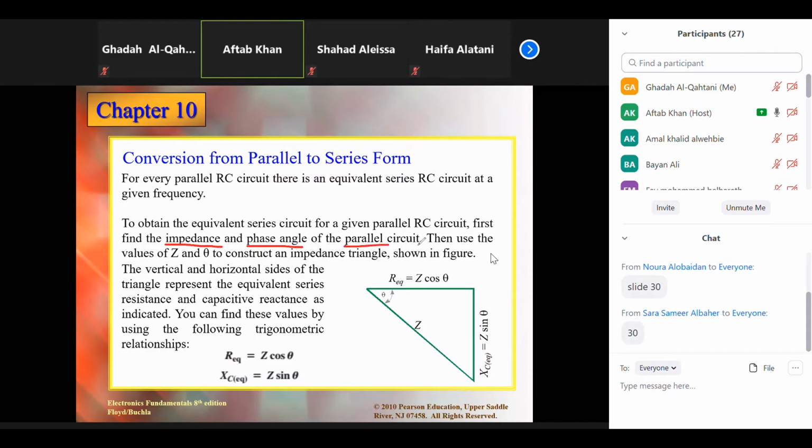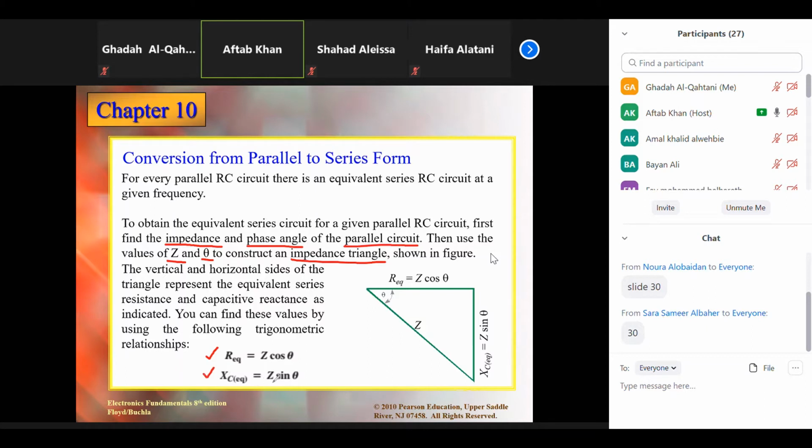Then we will use this Z and theta which we just calculated to construct an impedance triangle, shown in this figure. We will calculate first R equivalent, which will be the series equivalent resistance of the parallel circuit: Z cosine theta.